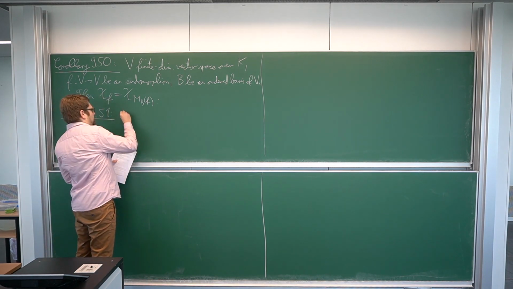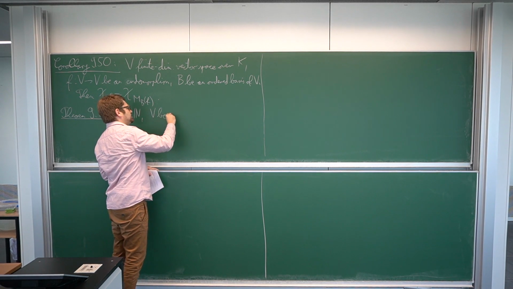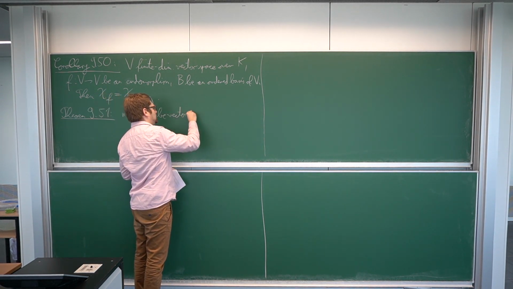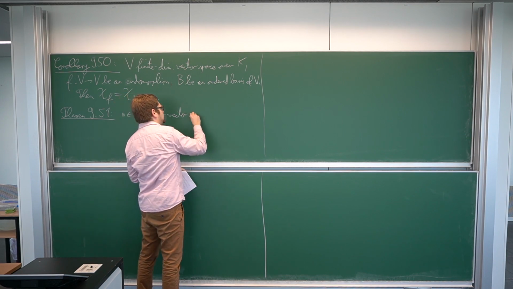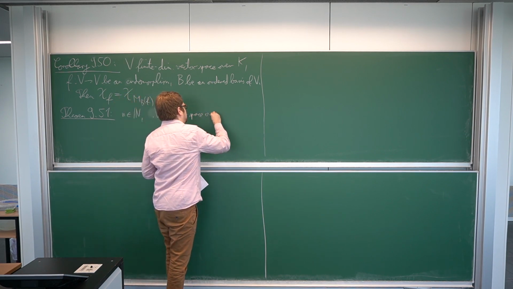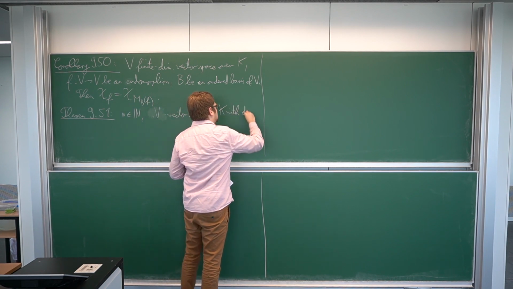So let n in N, let V be a vector space over K, which is finite dimensional and which shall have dimension n.